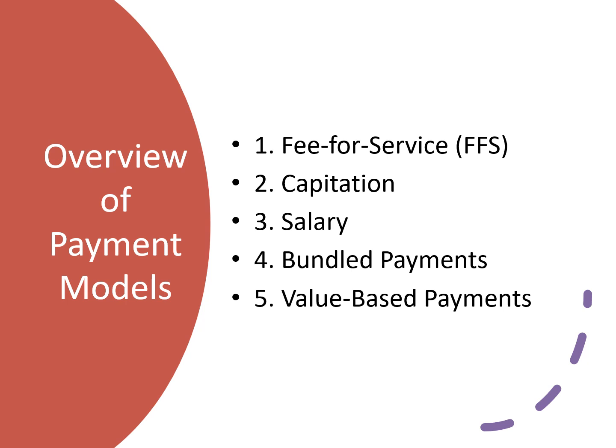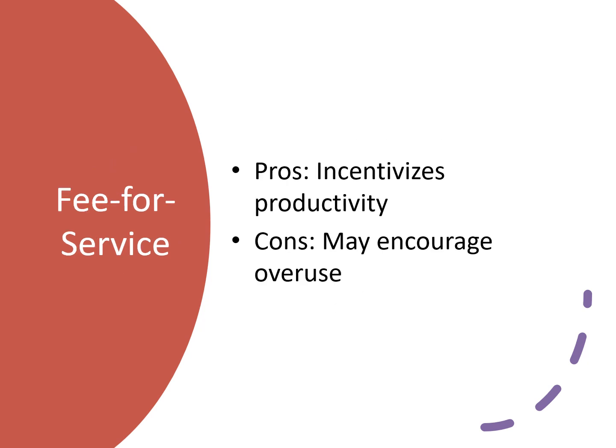Bundle payment. Instead of paying piece rate, why not we bundle together everything and pay a certain amount for that? That is at the episode level. Finally, the more recent is actually value-based payment, pay by value. Some say pay by outcomes, some pay by performance, and so on.